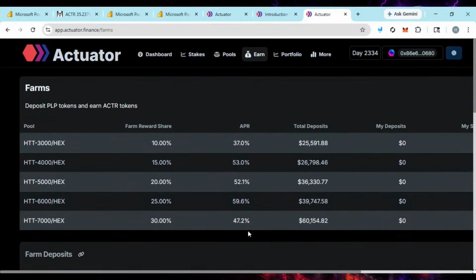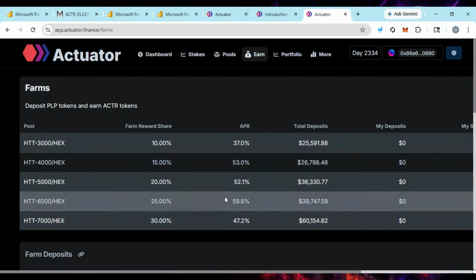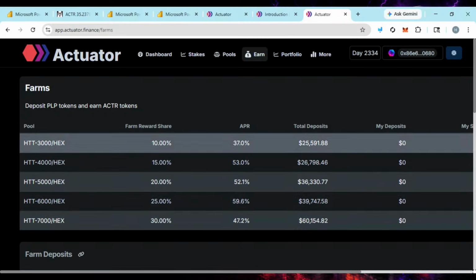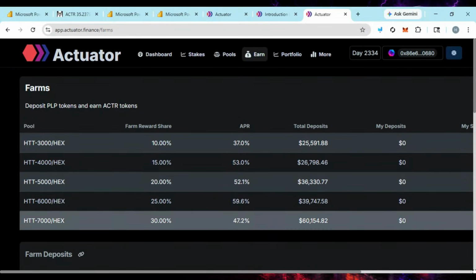But that is a token that gets sent out as quote unquote a reward, but it is really a revenue token. It is not just a reward token. They receive a certain amount of actuator every block based on their deposits, pro rata, ratioed based on their ownership of the overall pool. They get those actuator tokens, right?